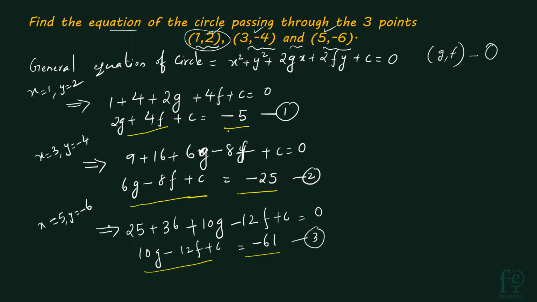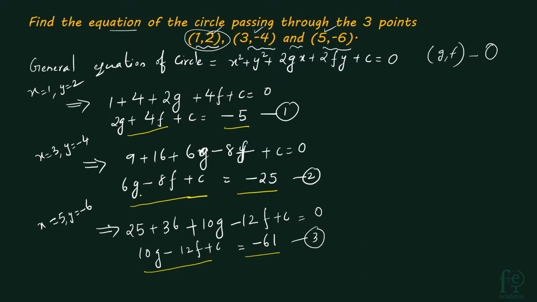So how to solve this? You have three equations in three variables. One method is to take two equations at a time. For instance, take equation 1 and find c from it: 2g plus 4f is equal to minus 5 minus c, so c is equal to minus 5 minus 2g minus 4f, and substitute this value of c in the second equation.